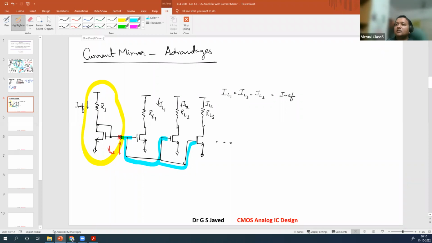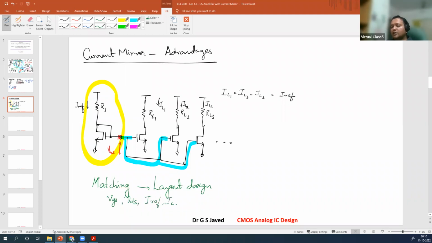And this has got a critical feature where you need something called matching. This is a technique which comes in the layout design, where you want to ensure that the VGS is the same, the VDS is the same, and IREF and IL are the same for each.